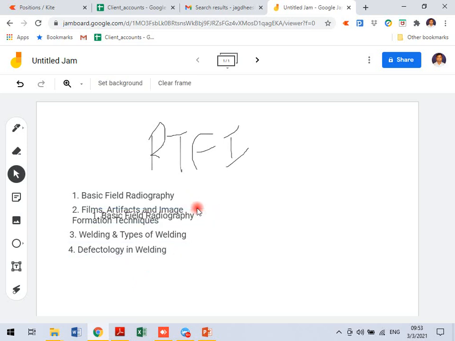Up to here, what we learned, maybe it will take 2 or 3 days, whatever it is. 1, 2, 3, 4. You will get a picture of what is welding and how the defects are formed.